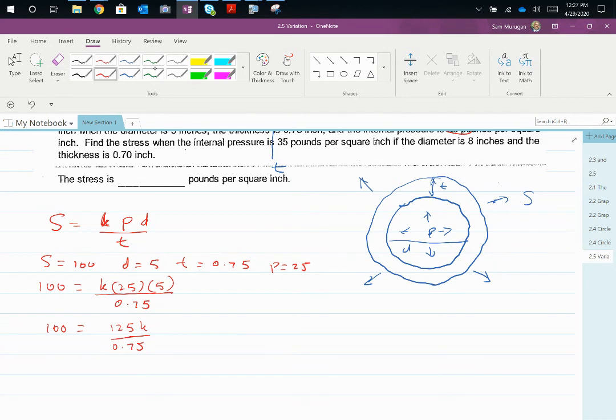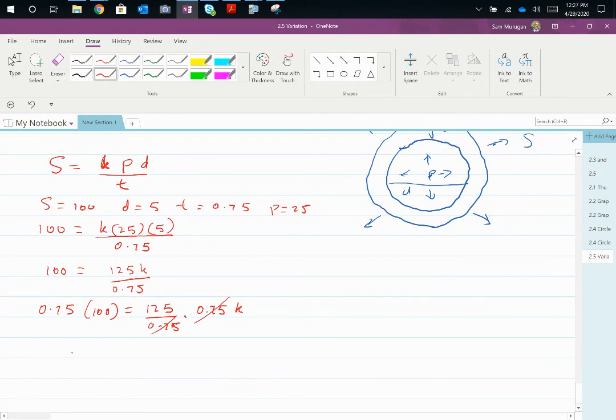To solve this, we would multiply both sides by 0.75. So 0.75 times 100 is equal to 125 over 0.75 times 0.75 K. So 75 is equal to 125 K. So K is equal to 75 divided by 125, which is exactly 0.6.